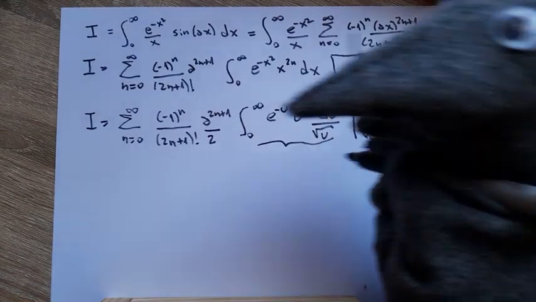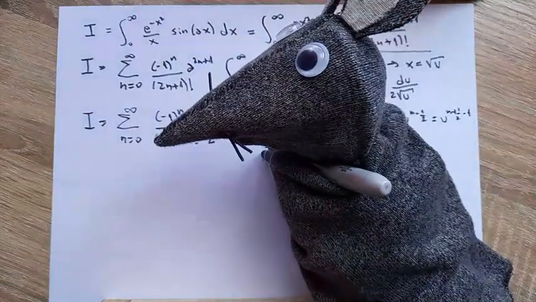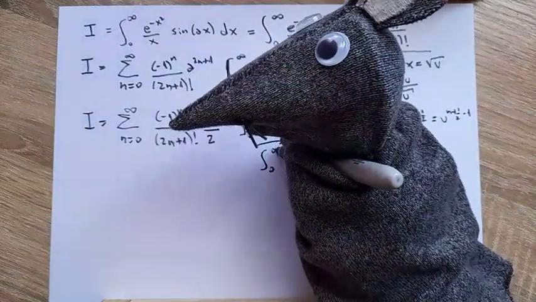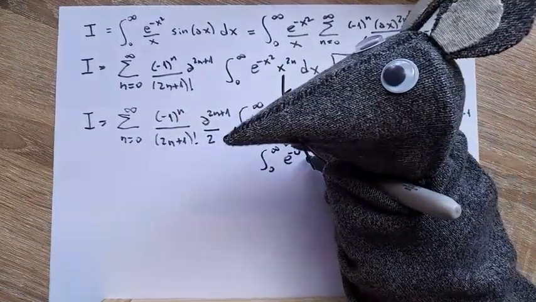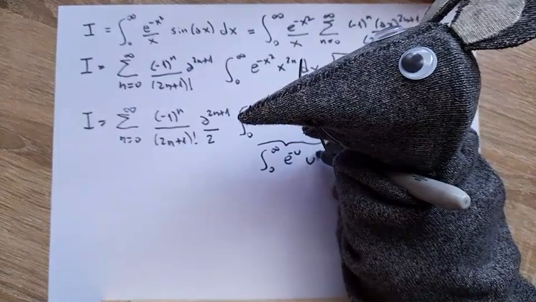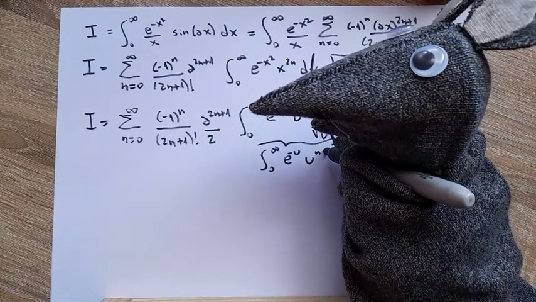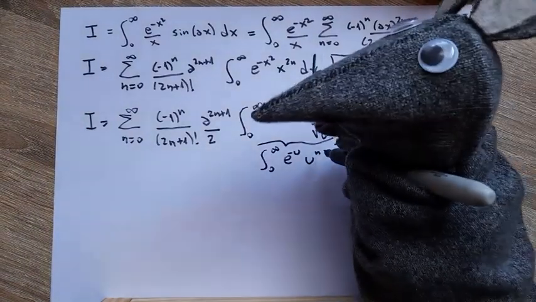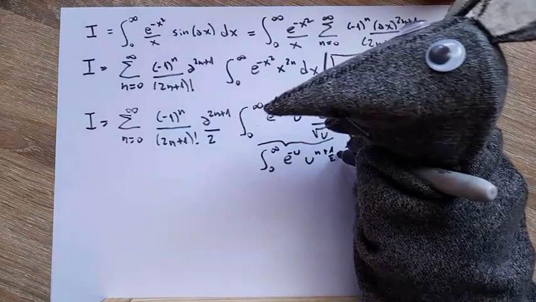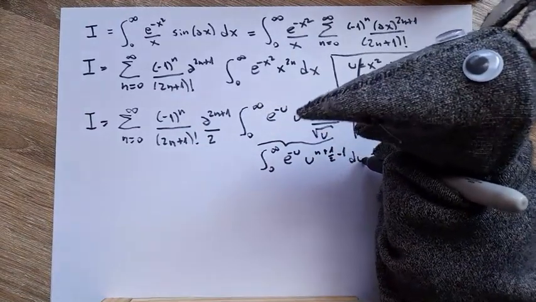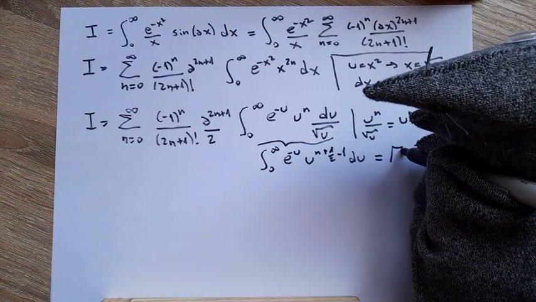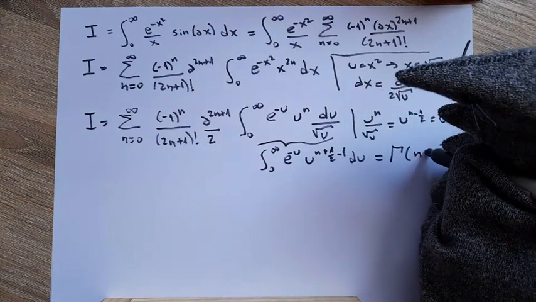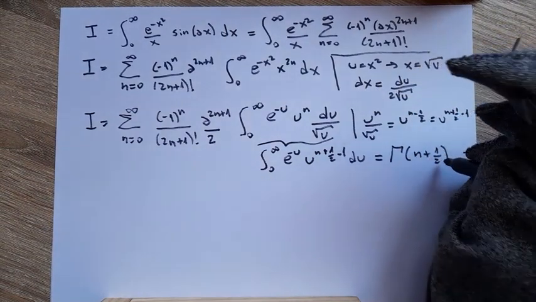So this integral here will be just the integral from 0 to infinity of e to the minus u times u to the n plus 1/2 minus 1 du. And this is just the gamma function, gamma of n plus 1/2.